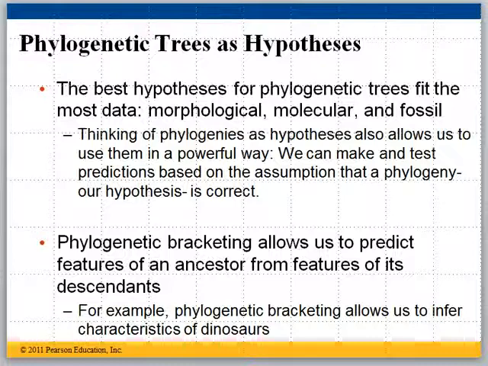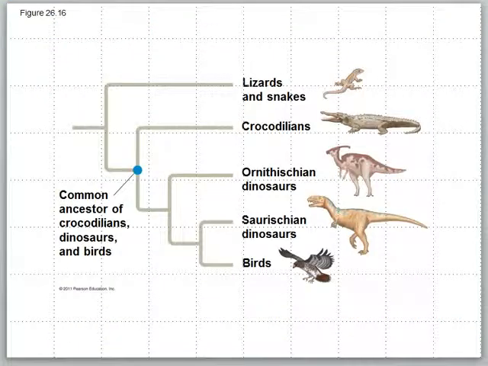So if we look at this example of a phylogenetic tree, we already talked about the fact that crocodiles and birds are more closely related than crocodiles are to lizards and snakes. And you can see the branching point where the common ancestor of all crocodilians and dinosaurs and birds is right at this point. So we know that crocodilians are still around, and certainly birds are still around.